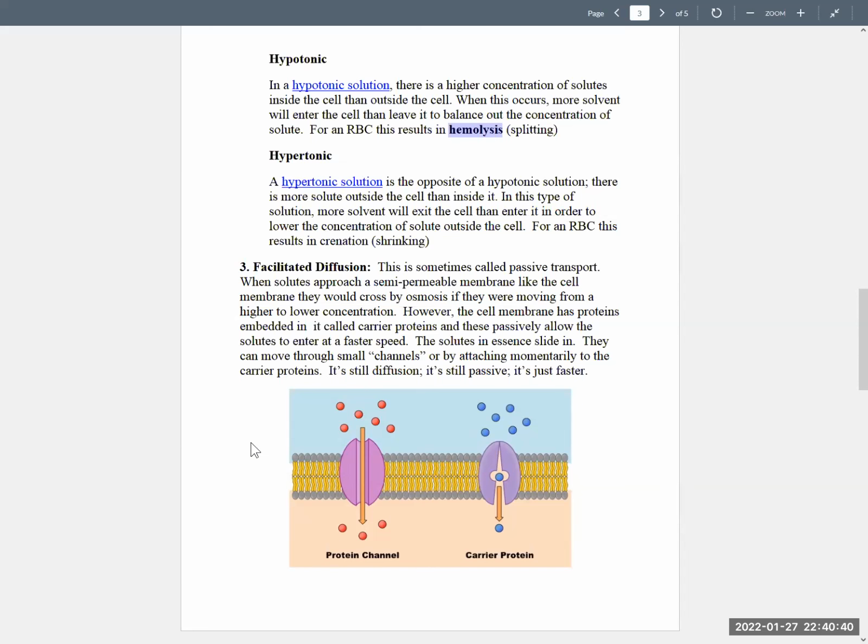That goldfish is not going to hold still. It's going to swim around the tank, and it's going to speed up the diffusion of the dye. We call that facilitated diffusion because it's being helped along.